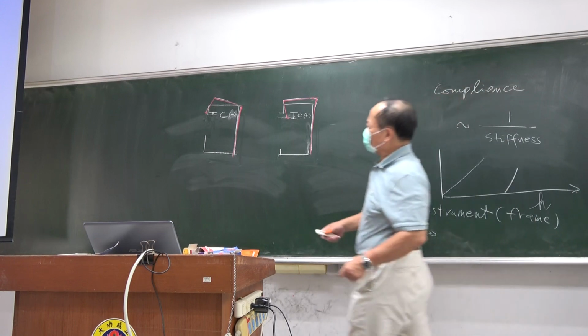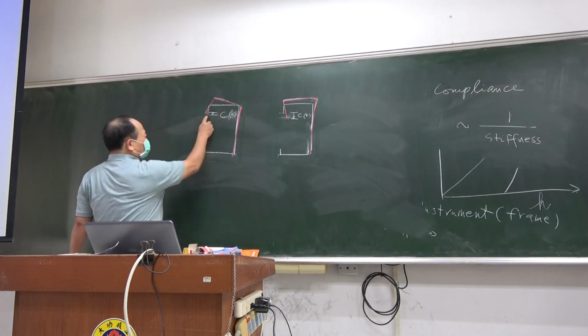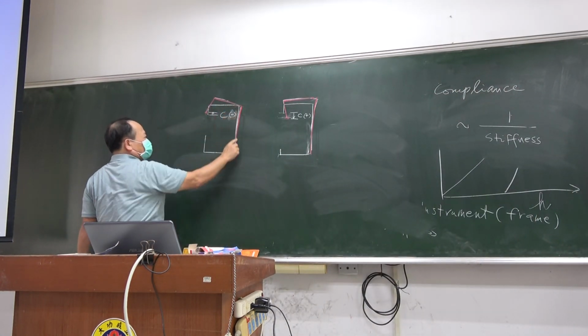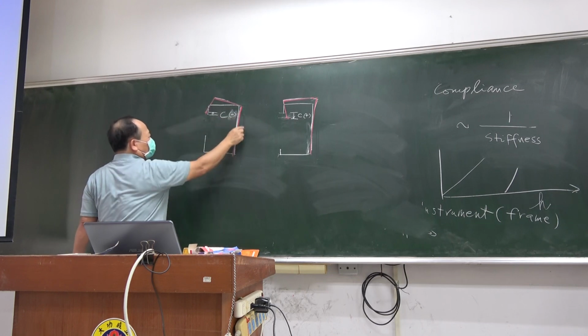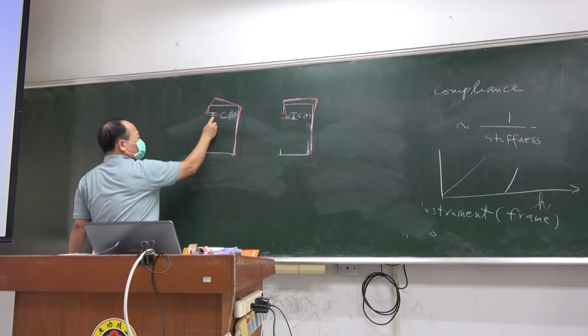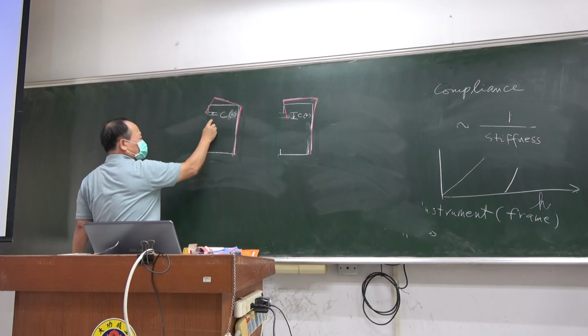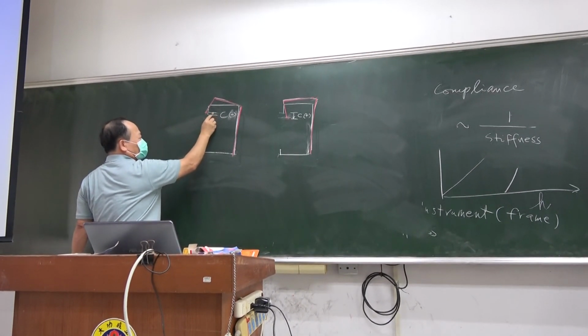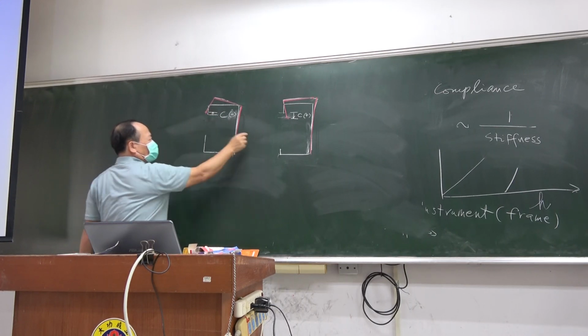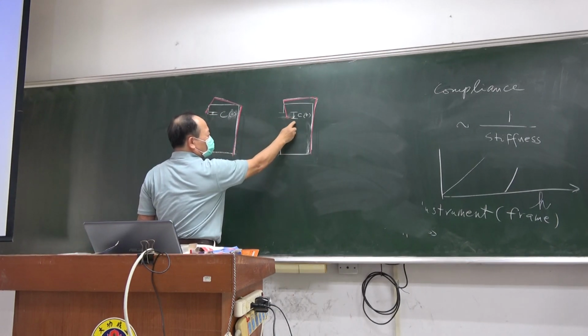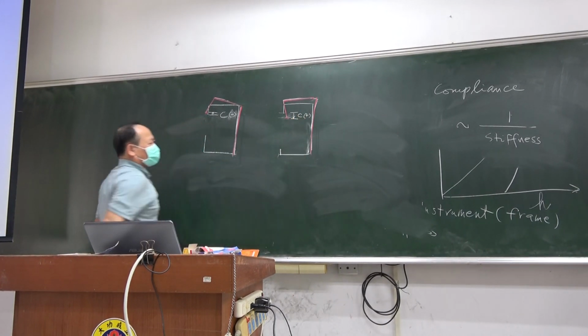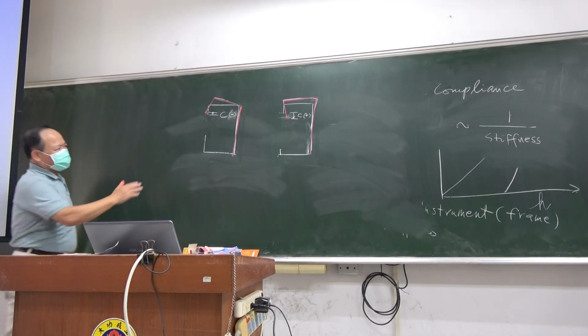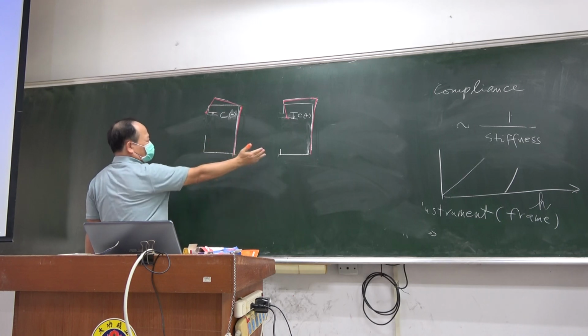So the deflection from this white one to the yellow one, the movement of this structure may be from the low one to the up one, or from the up one moving downward to the low one. So the structure, they have two kinds of structure.